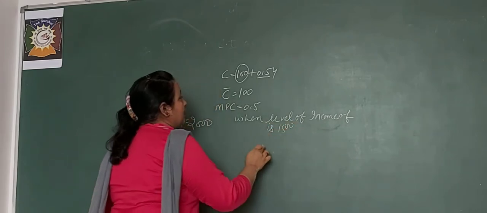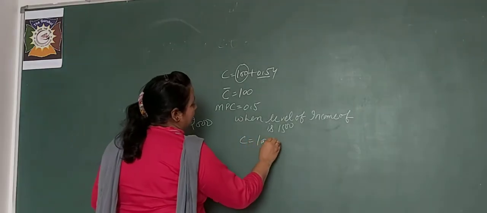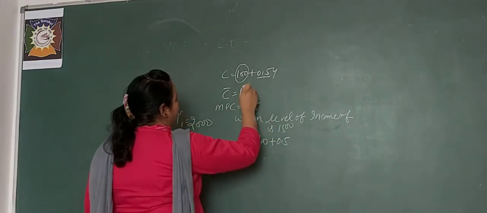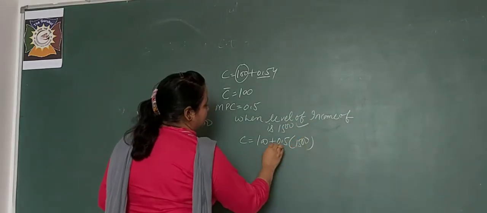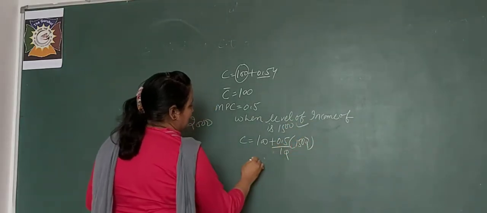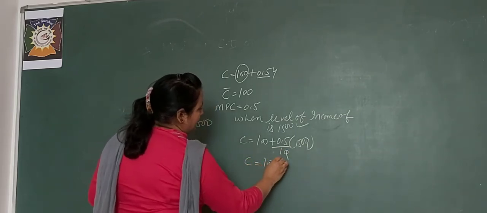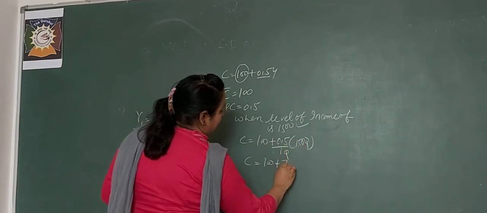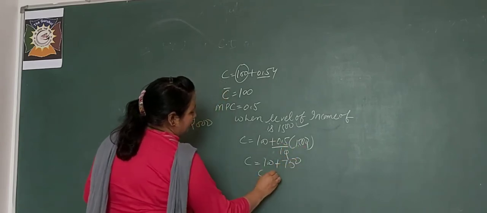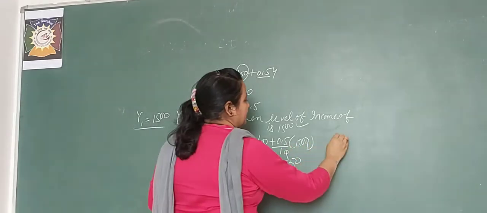what will it be? You will find the consumption: 100 plus 0.5, level of income is 1500. I am going to put it in consumption. You will find now 100 plus 750, this will be 850. Now you will find APC by this.